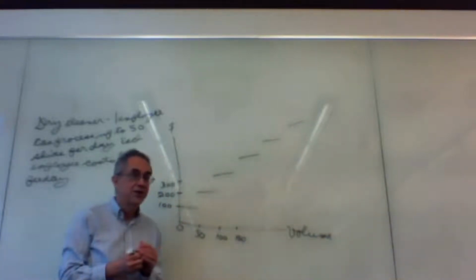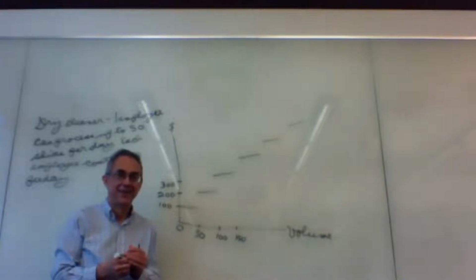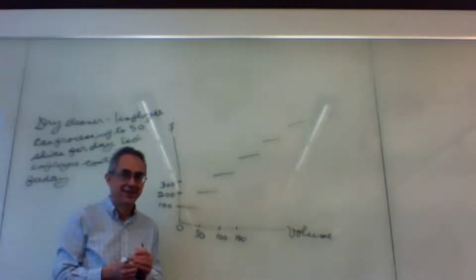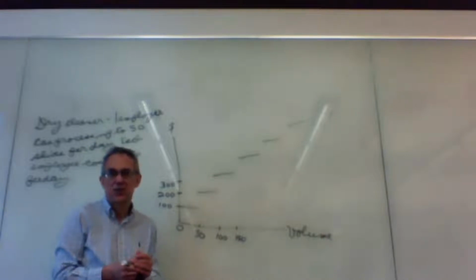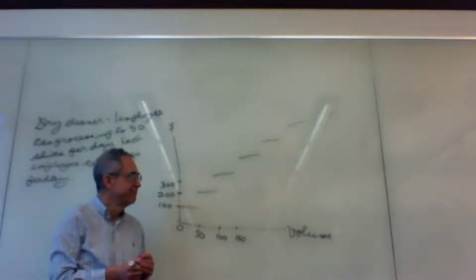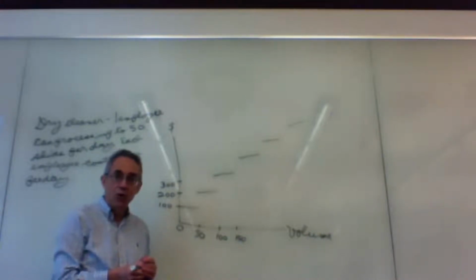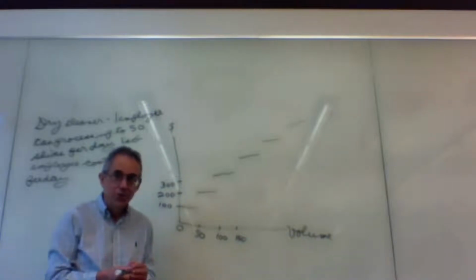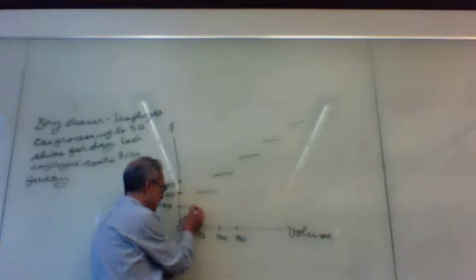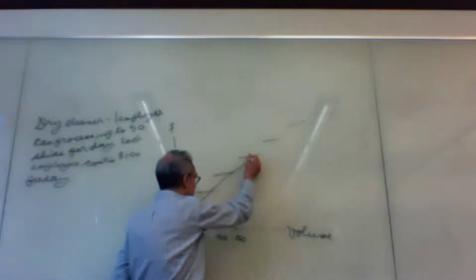So why is this called a step cost? Yeah, it looks like stairs. Yeah, looks like steps. And if you have a whole bunch of these, you could kind of estimate that like a variable cost. You really could.